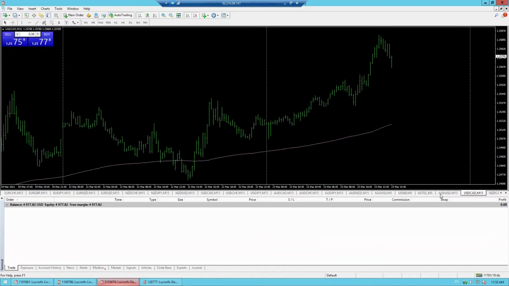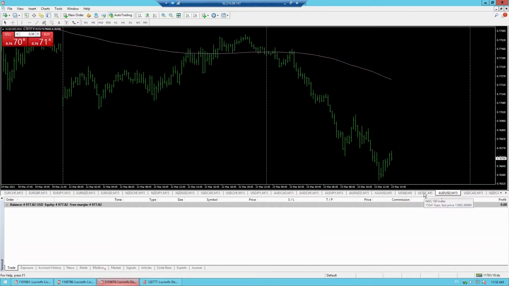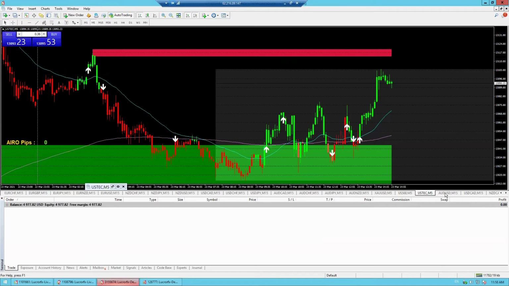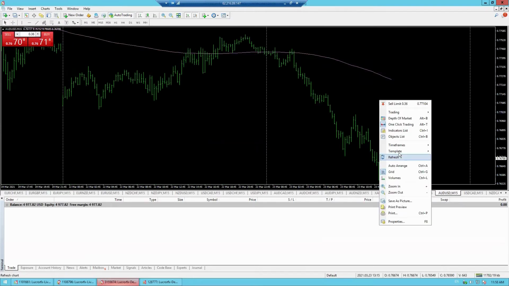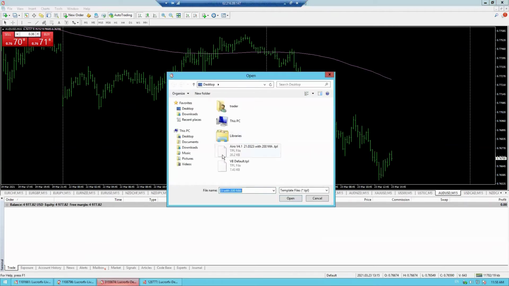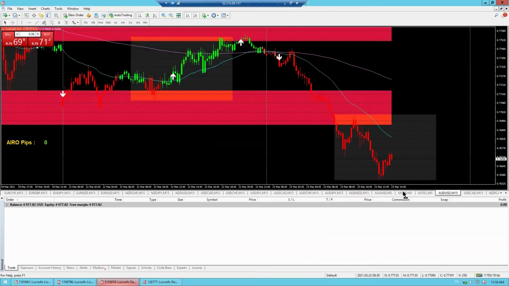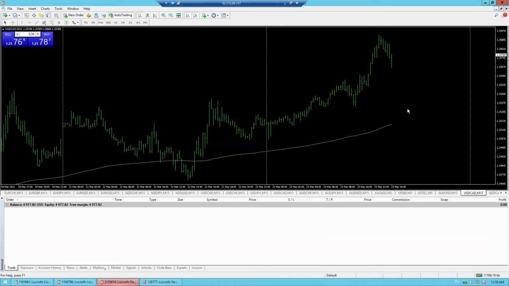Oop, there we go, there's the first one I missed. We got that one. Load this one up, and template load. Here's my moving average. There we go.